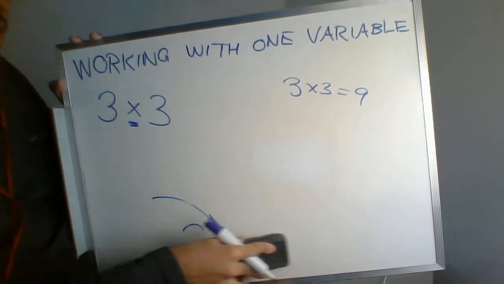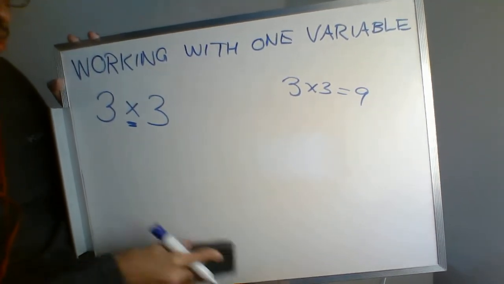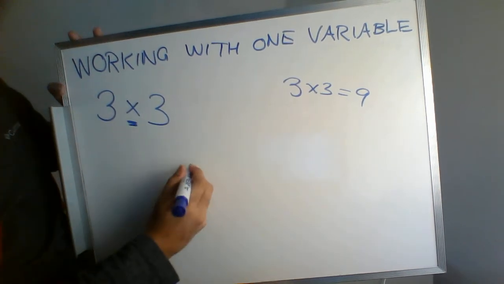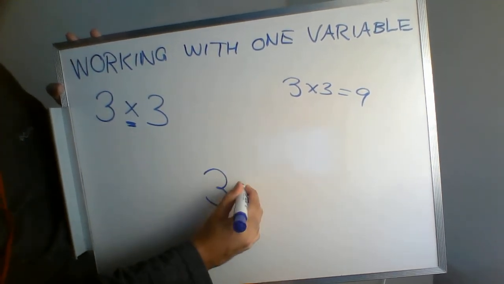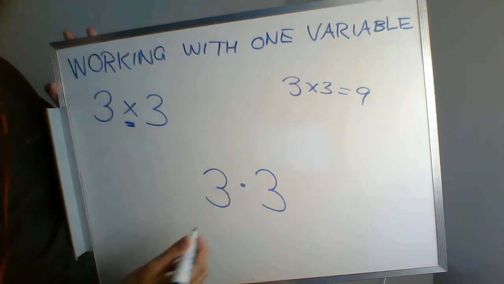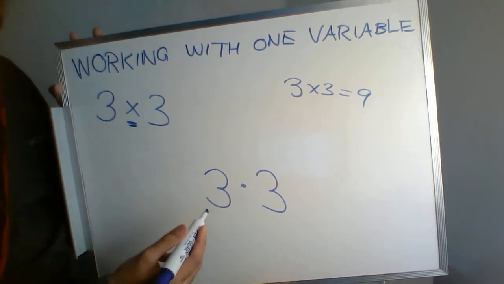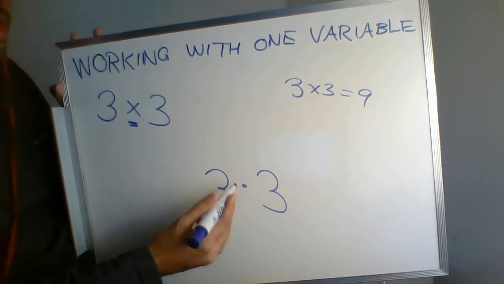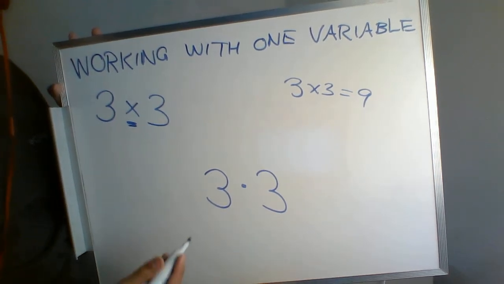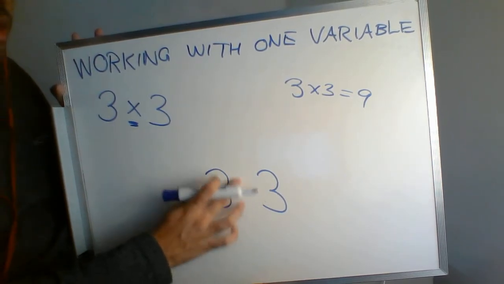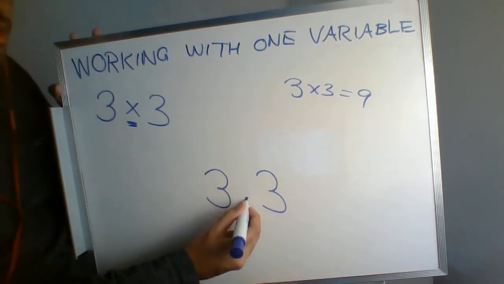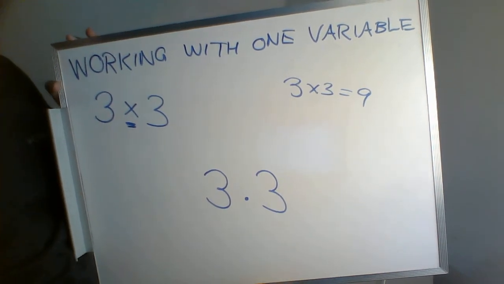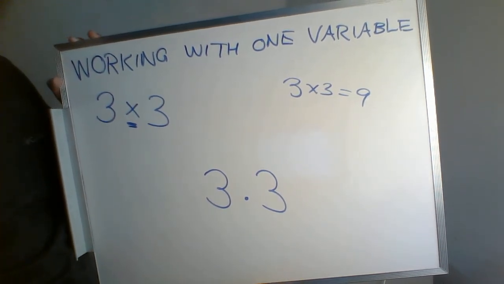But if you're working with just numbers and there are no variables in there whatsoever, I would try not to use the dot as multiplication, because if you write it slightly off center and a little bit down here, now it looks like 3.3 instead of 3 times 3.